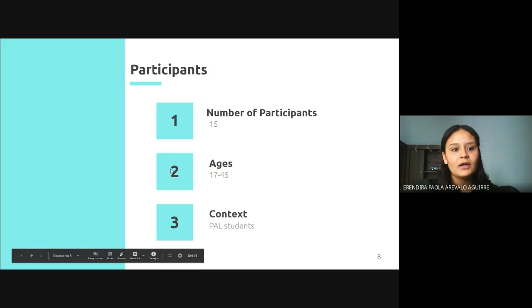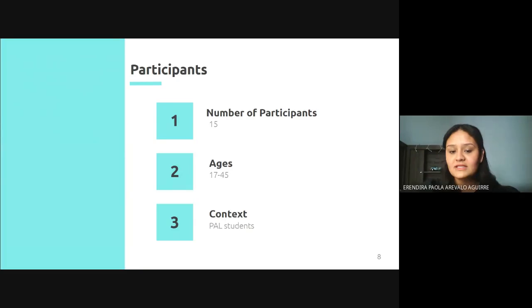For our participants, we constructed our research based on 15 PAL students, which is 28% of the 7 a.m. PAL class population. And these participants are between the ages of 17 and 45.